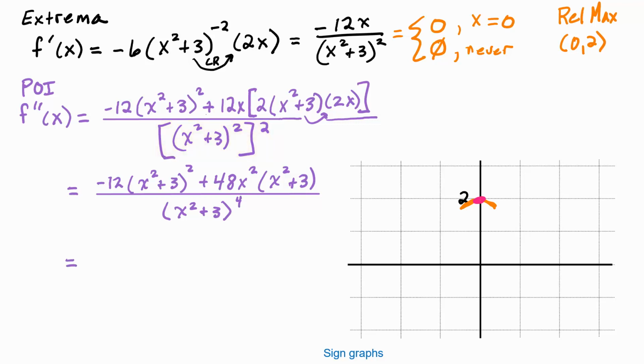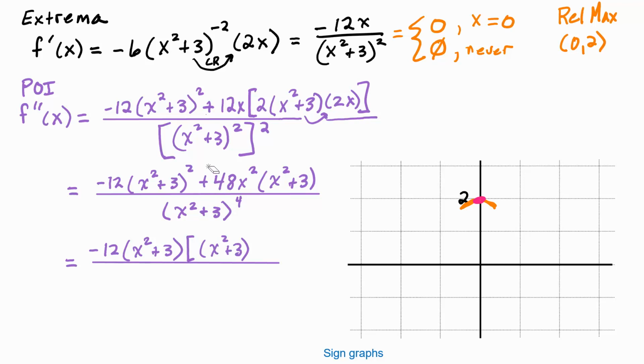We need to factor. We can pull out a negative 12 and a quantity x squared plus 3. And we would have left from this first term x squared plus 3.